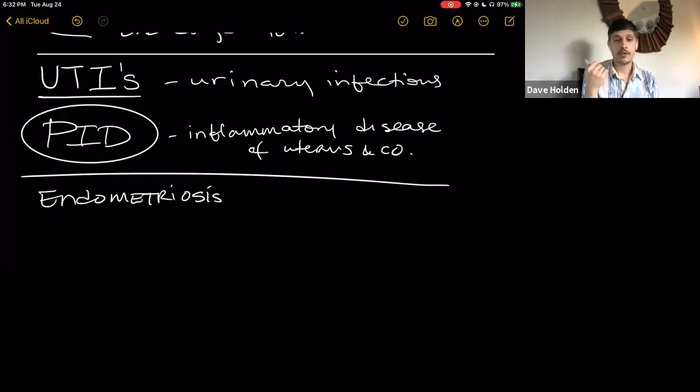So this leads to a lot of inflammation, a lot of pain going on down in the pelvic region. And again, most women have endometrial cells in the pelvic cavity, particularly when they're on their period. But not all women develop endometriosis in this way. So the cells are still responding to estrogen and progesterone.